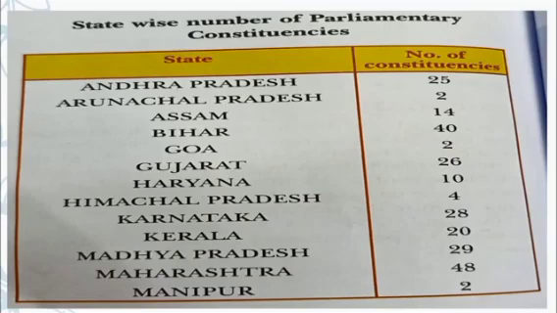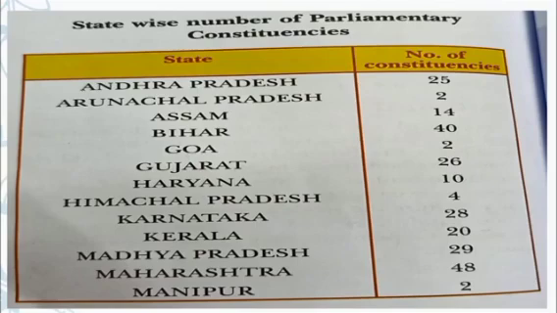Then in Himachal Pradesh, there are 4. In Karnataka, there are 28. In Kerala, there are 20. In Madhya Pradesh, there are 29.